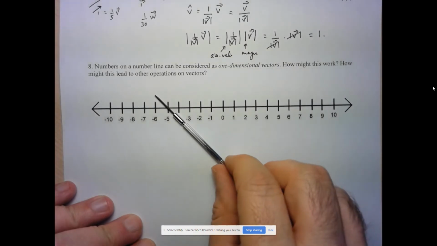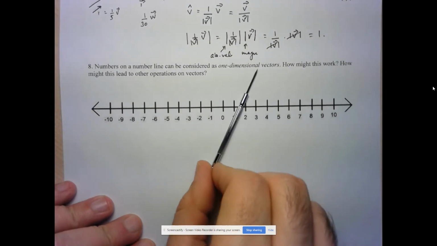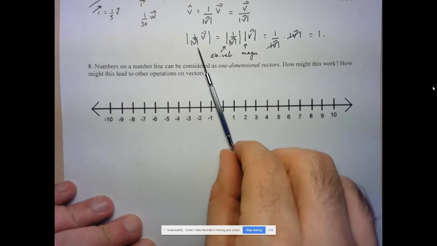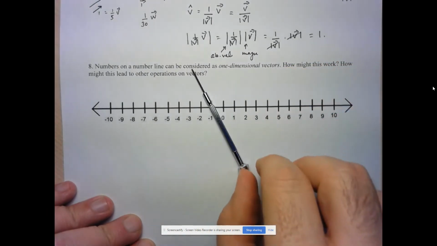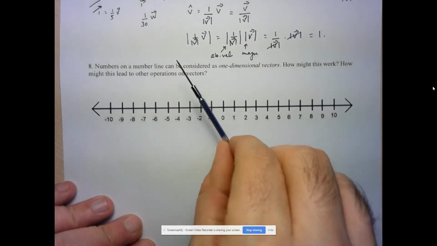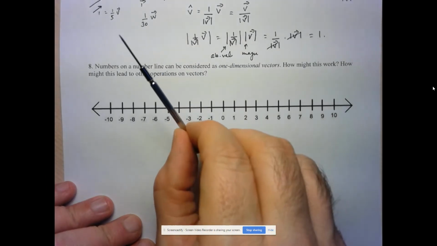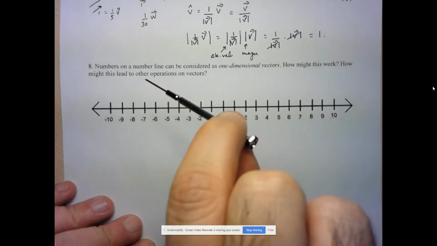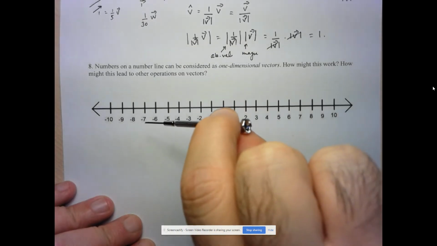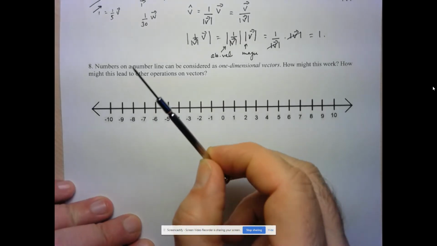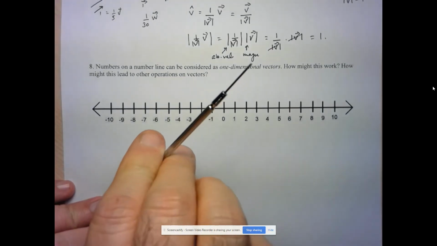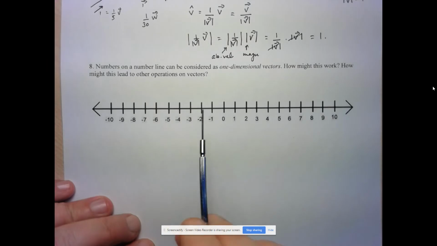It allows me to represent any direction with any magnitude on the 2D plane. I can also take this and move it up into 3D, so going upwards or maybe going downwards. I can use this arrow to represent any motion in 3 dimensions, or any position in 3 dimensions.